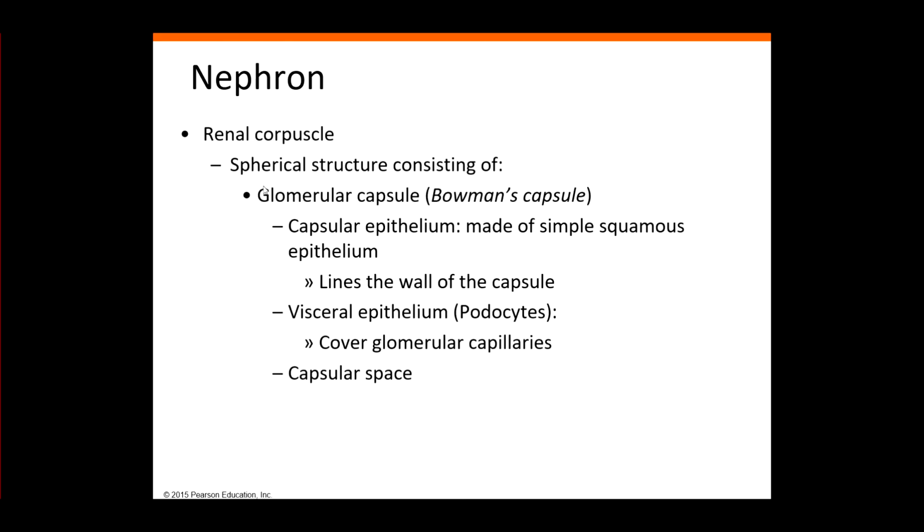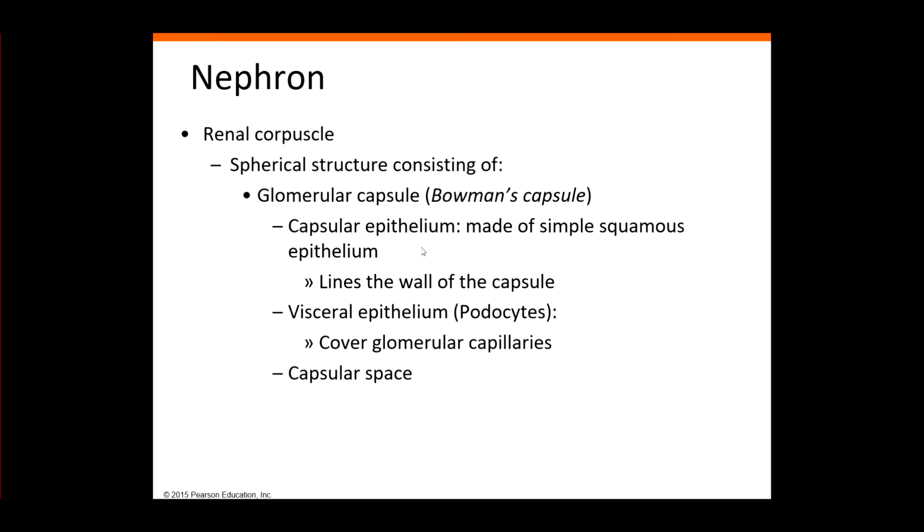So we're talking about the renal corpuscle. The first part of the renal corpuscle is the glomerular capsule, or the Bowman's capsule, and it consists of the capsular epithelium, which is made up of simple squamous epithelium. Like I said, you may want to add to the notes that sometimes we call it the parietal epithelium. Parietal means wall, so it would be the epithelium up against the wall.